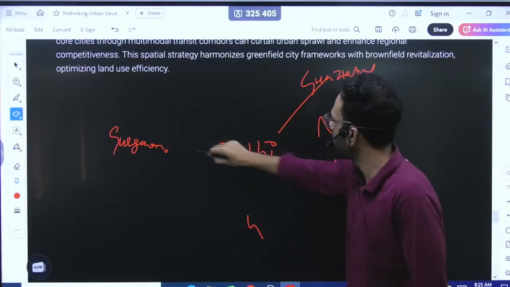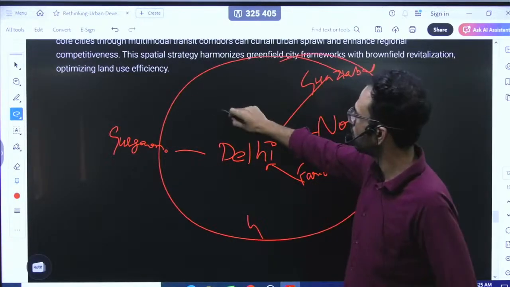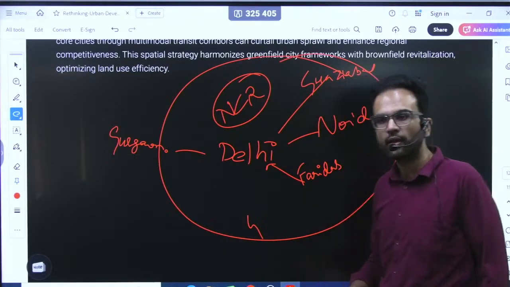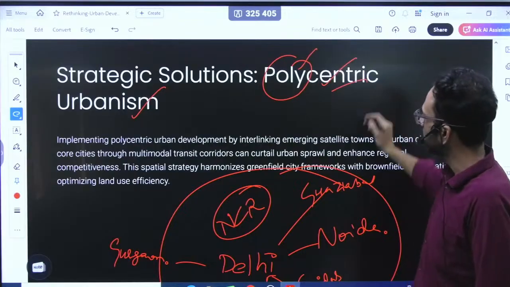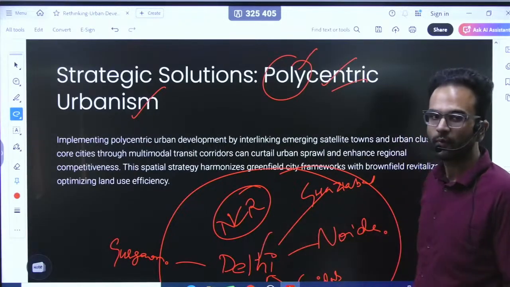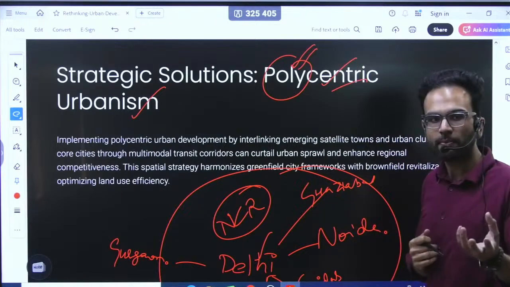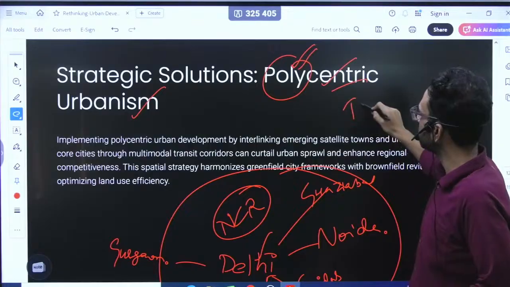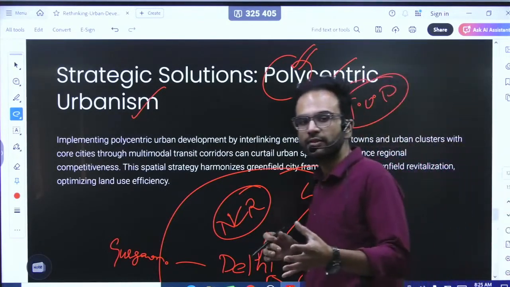All of these are integrated to Delhi, and together this is called the National Capital Region. Now when I say polycentric, at the center you have Delhi, which is like the core city, but there are many such urban agglomerations which are connected through something called transit-oriented development, where the connectivity factor is the Delhi Metro.